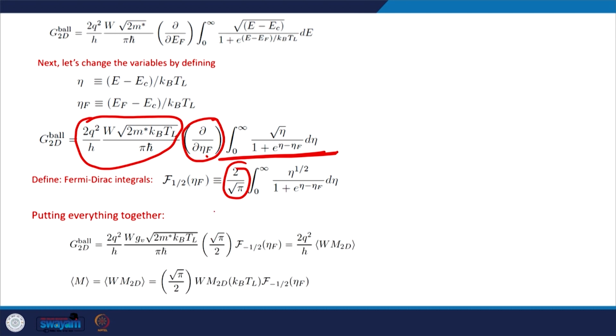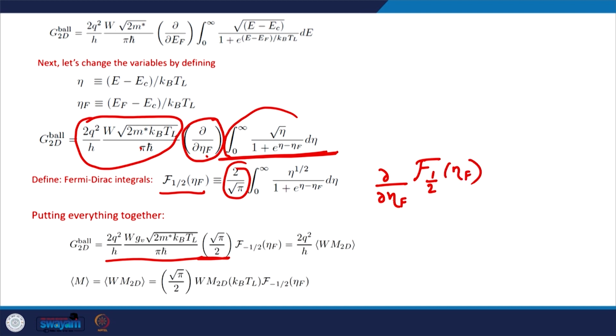If we replace this integral by the Fermi-Dirac integral of order half, then apart from this constant term, and in addition the square root of pi by 2, we are left with del by del eta_F of the Fermi-Dirac integral of order half.